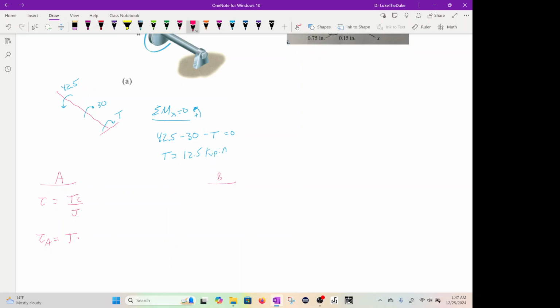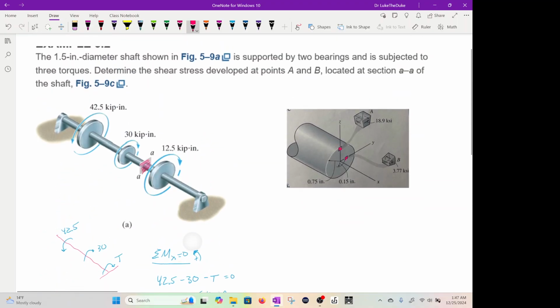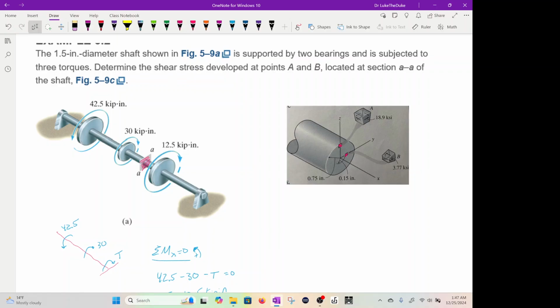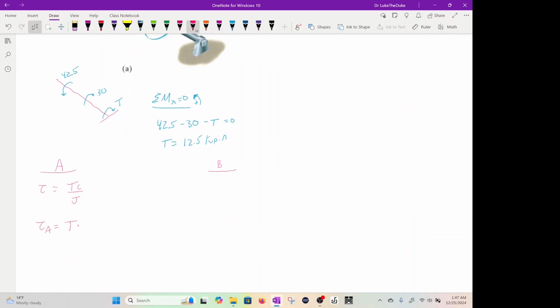Did it say the radius? Yes, 1.5 inch diameter. Okay, so 1.5 inch divided by 2 over J. And we know this is pi over 32 times the diameter, 1.5 inch raised to the 4th.